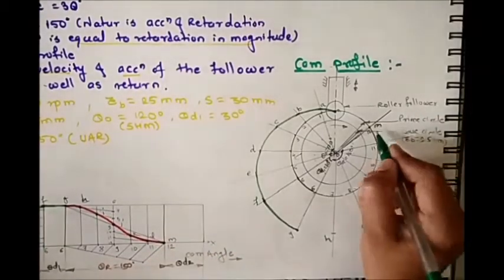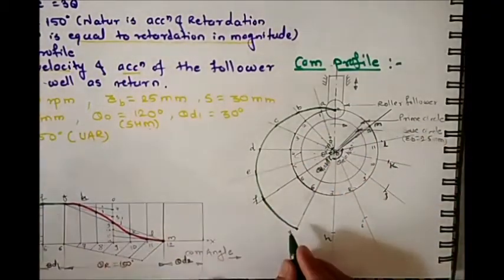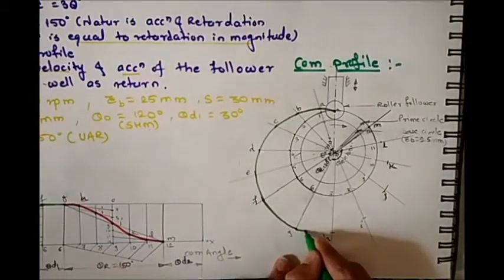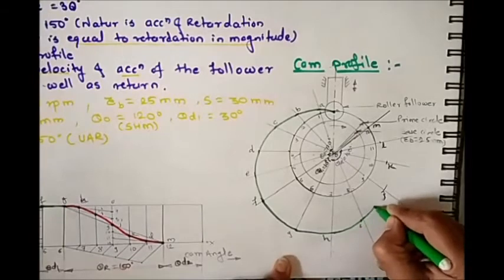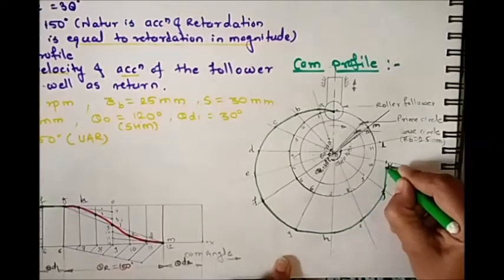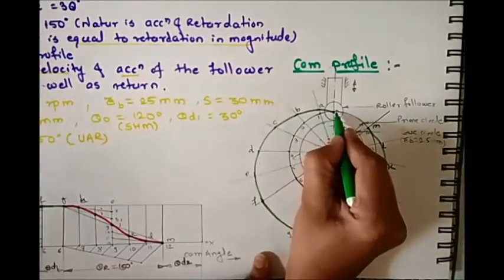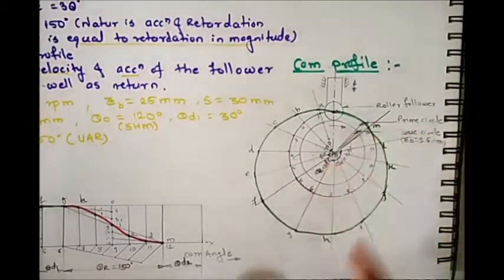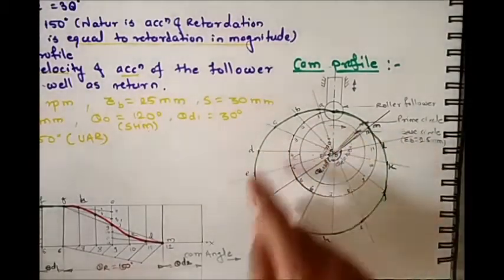Now again join all these points with a smooth curve, and we get the pitch curve for the roller follower. For this dwell, just trace the same prime circle. So here we have the pitch curve diagram.